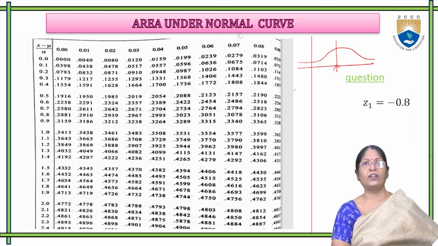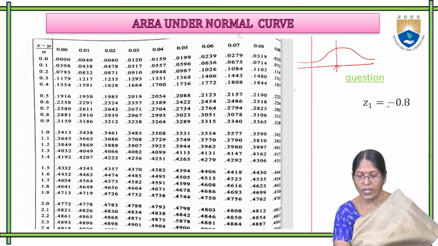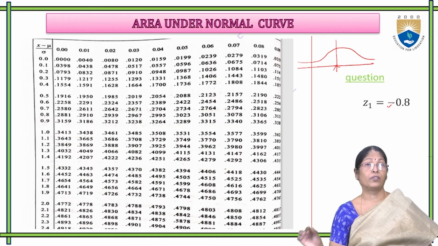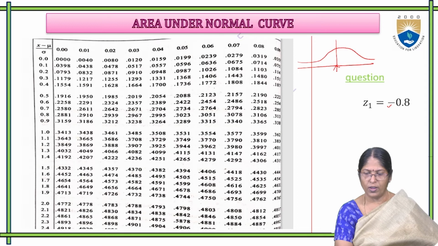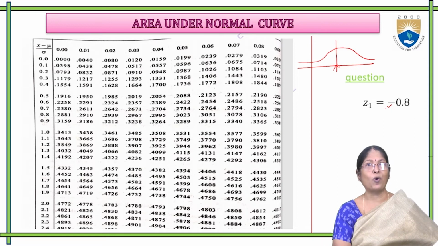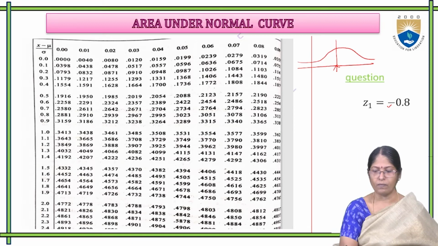To differentiate whether we move to the left side or the right side of the symmetrical line, we use only this negative sign. This point is to be noted. So whether it is minus 0.8 or plus 0.8, the area is the same.